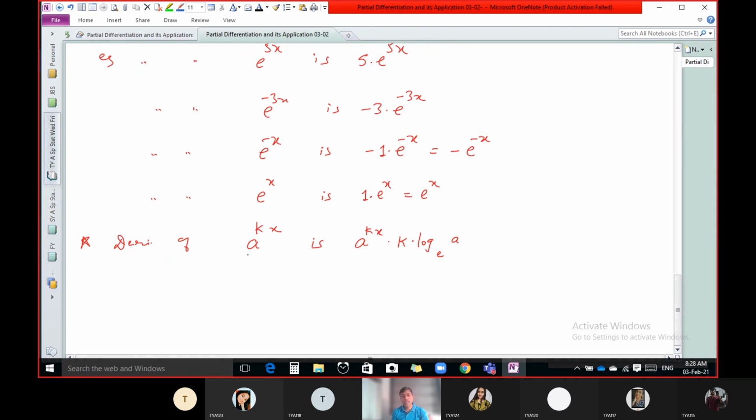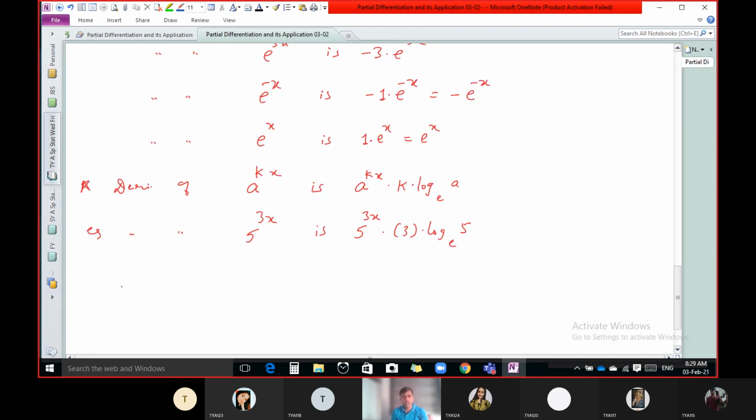Let us take one example. Derivative of 5 raised to 3x. So the answer is 5 raised to 3x into 3 into log 5 base e.